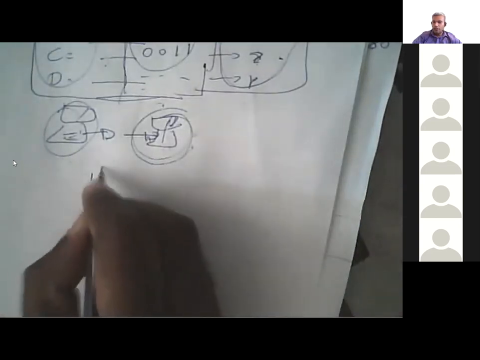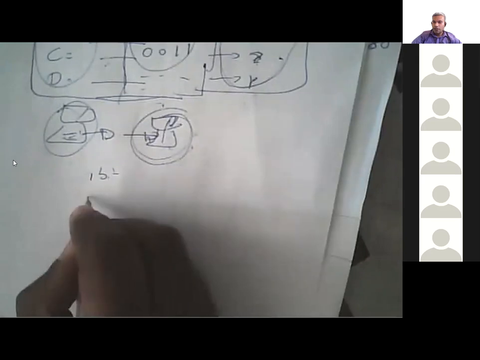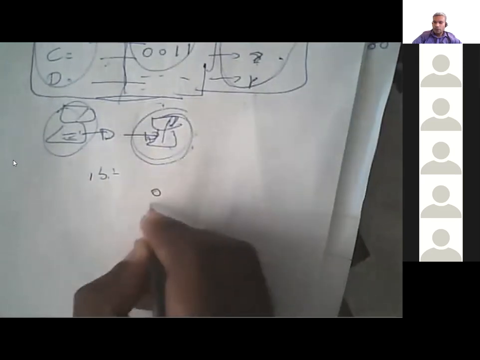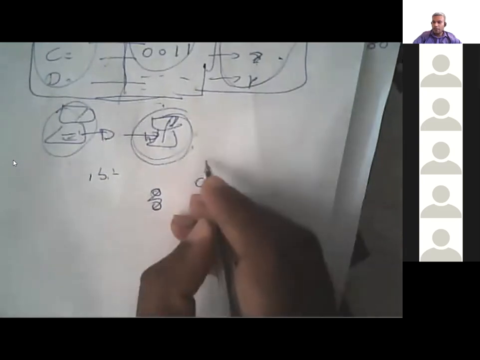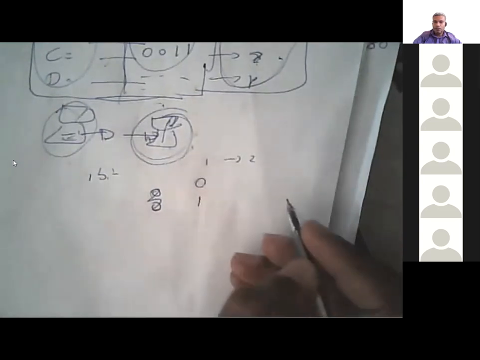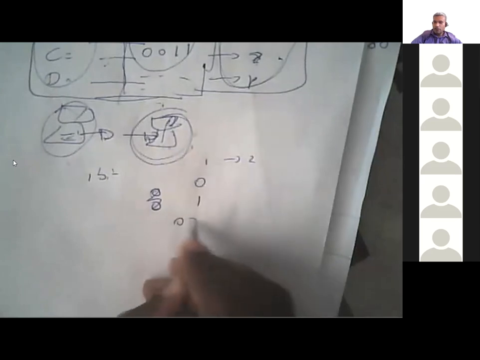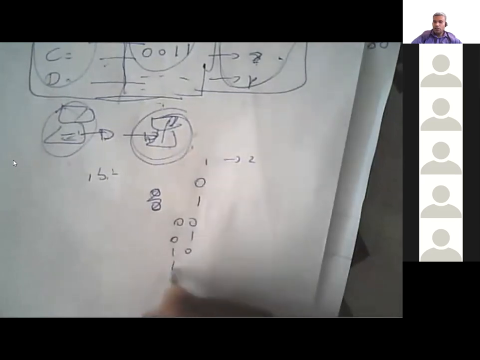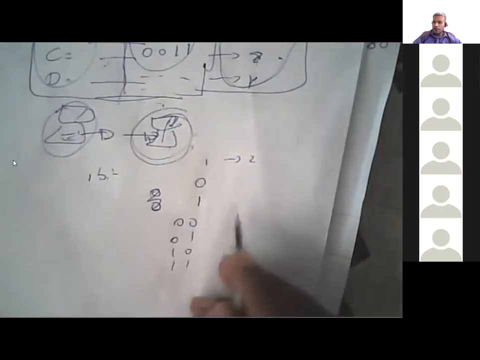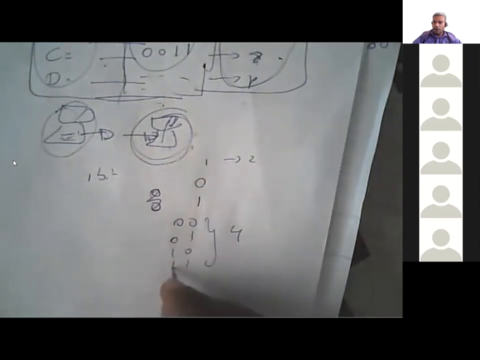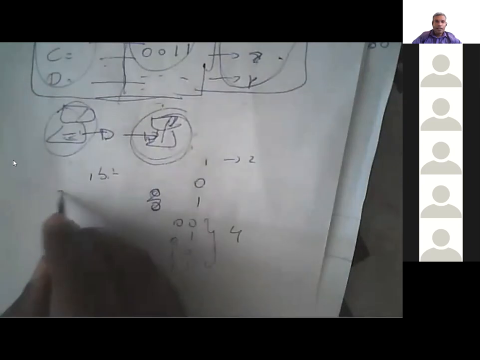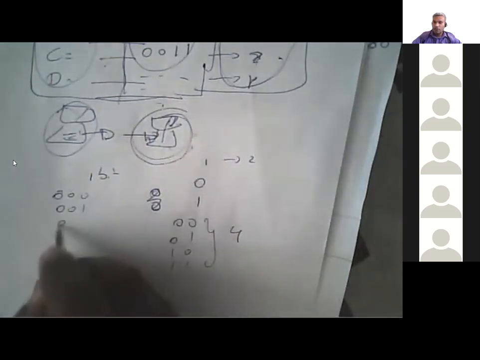Now, if you have a single bit, that could be either 0 or 1. So with 1 bit, you can have 2 patterns. If you have 2 bits, you can have 0 0, 0 1, 1 0, or 1 1. That basically means 4. If you have another bit, you can have 8 patterns: 0 0 0, 0 0 1, 0 1 0, and so on.